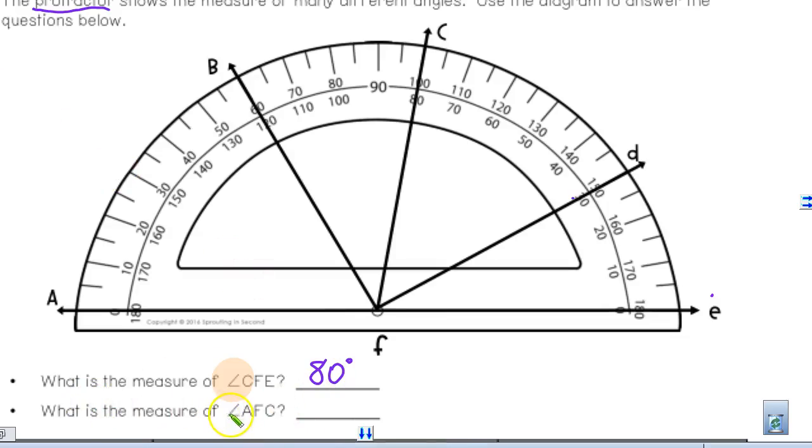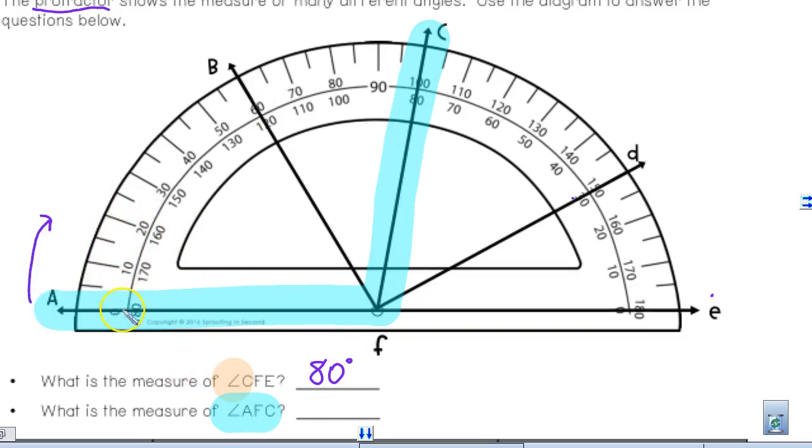And next, we have to figure out what is the measure of angle AFC. So I'm going to start at A, go into F, and up to C. So now I'm looking at angle AFC. And this time I'm going to start down here at A, and I'm going to go in the clockwise direction.